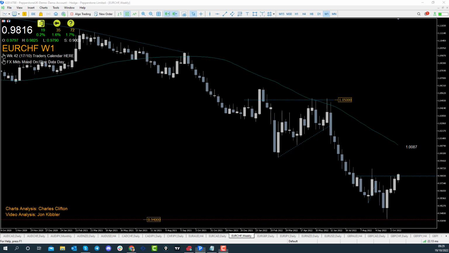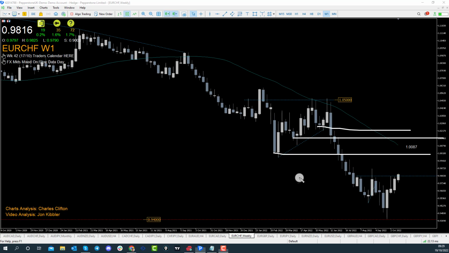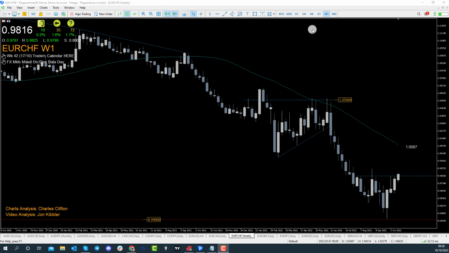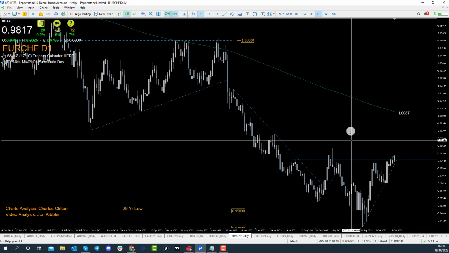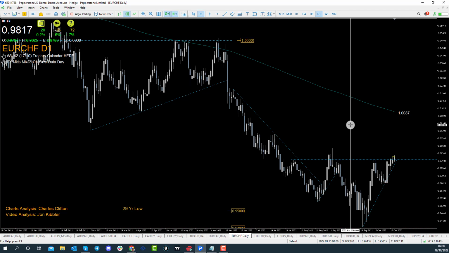So in the context of trend, if price was going to push higher, where could it push to? Well, sometimes price comes back to previous areas of structure. You can see all these levels up here where price found support. So if price is going to pull back, it could pull back into these levels of interest. If I go down to a daily time frame and zoom out a little bit, that level of interest up there is the 1 handle, so parity on euro Swiss.